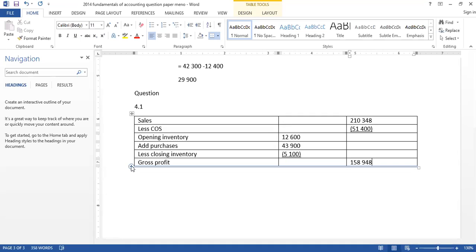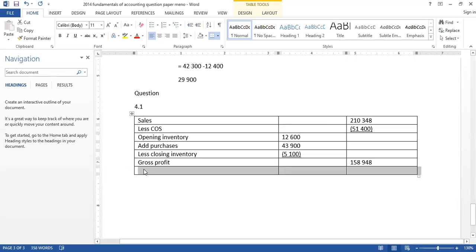So we were told that we have wages on bar staff. The wages on bar staff were 15,000. And then you check if you have any additional information that affects our wages on bar staff. Looking at this, we do not have any, and so we record it as it is.